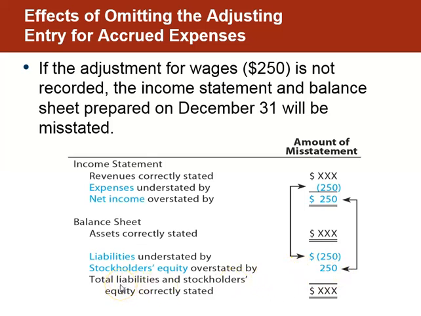And so you can think of this either way. Because liabilities are understated, equity is overstated. Or you can say, because net income is overstated, stockholders' equity is also going to be overstated by way of the too much net income. Okay? Either way, we have a problem. All right.